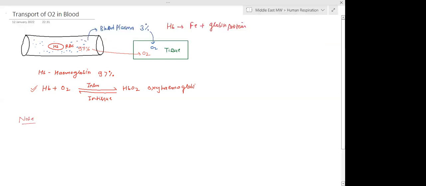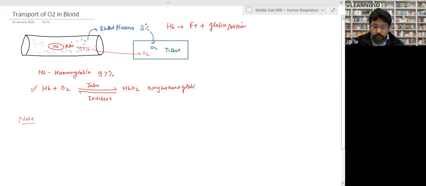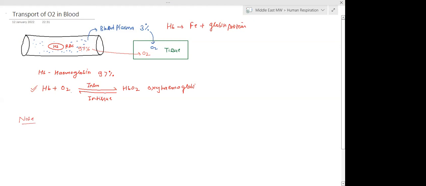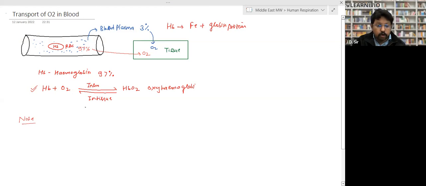A normal person has 15 gram of hemoglobin in 100 ml of blood. Full stop.